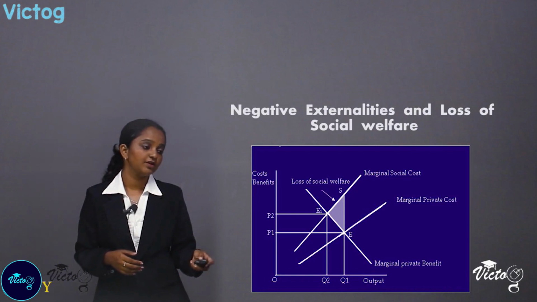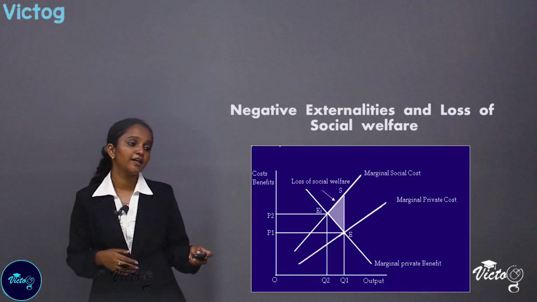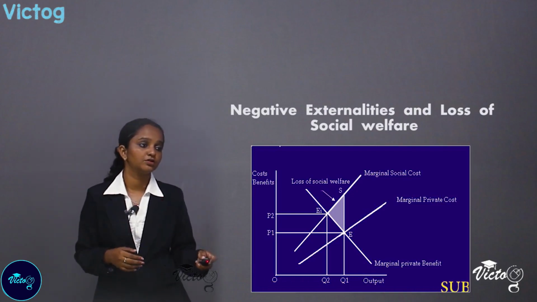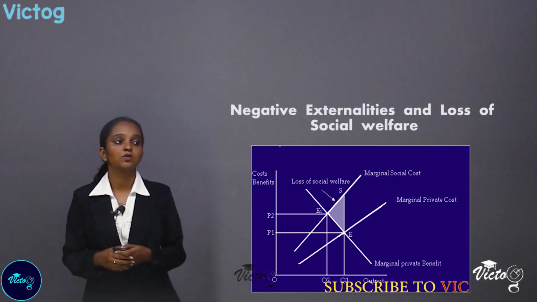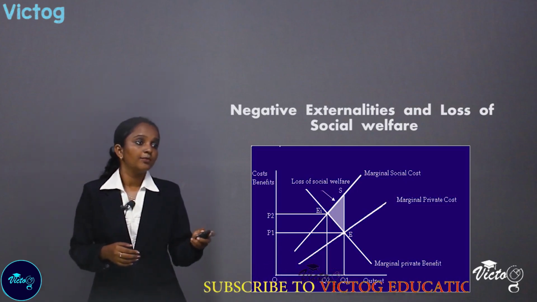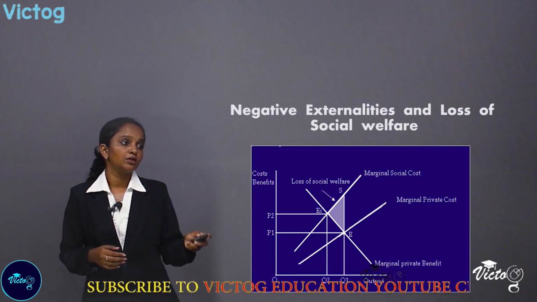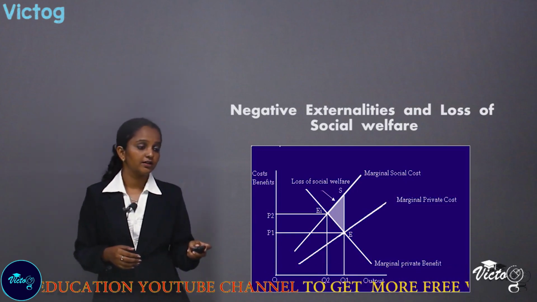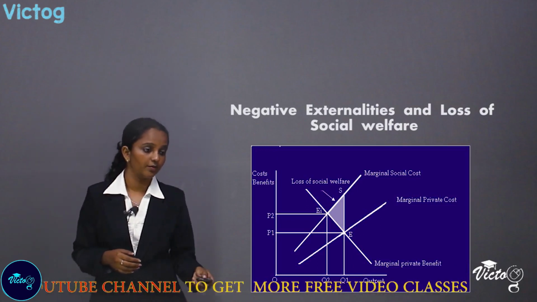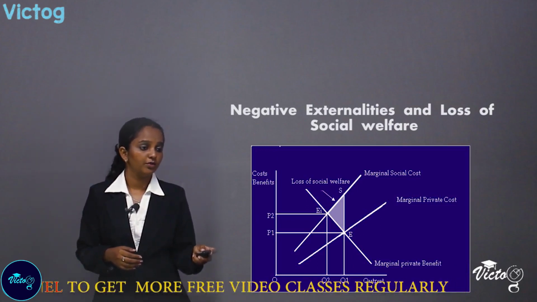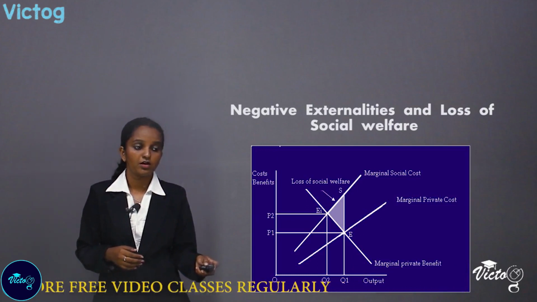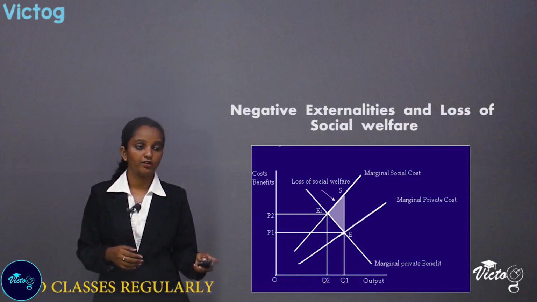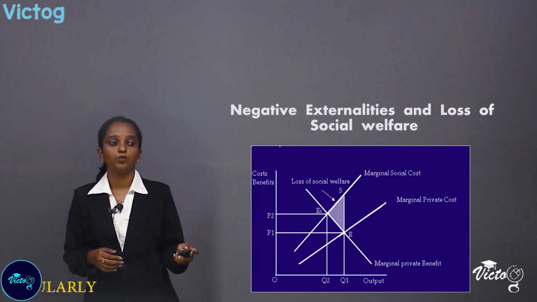Marginal private benefit is the benefit that you gain from producing a particular good, and marginal private cost is the cost of production. Marginal social cost is the private cost plus the external cost. So a free market system in the economy will be producing Q1 level of output at a price of P1.